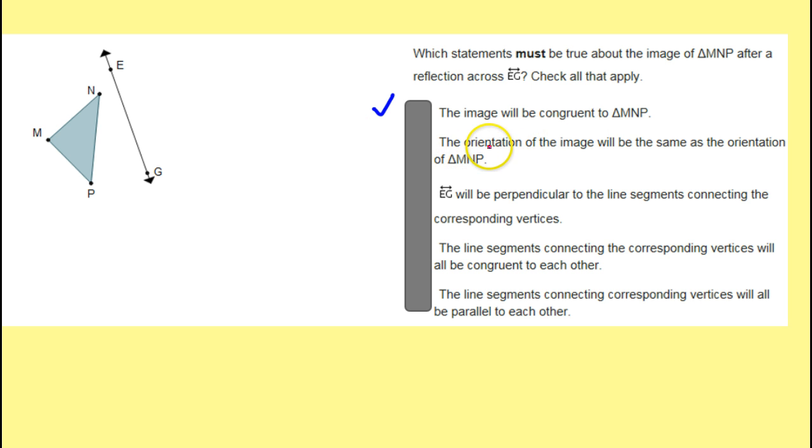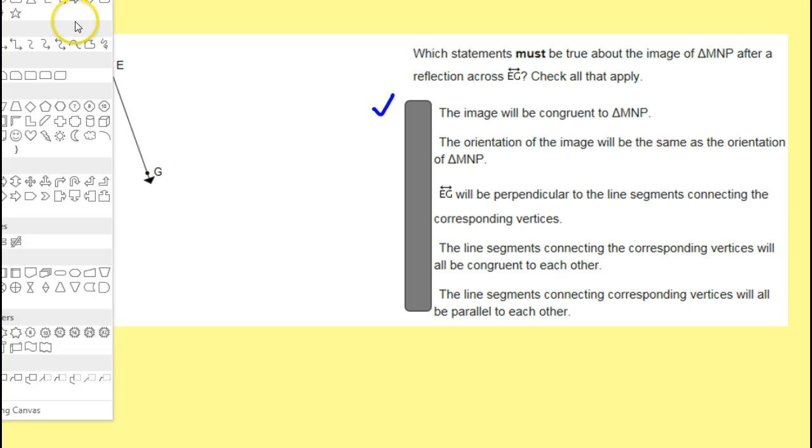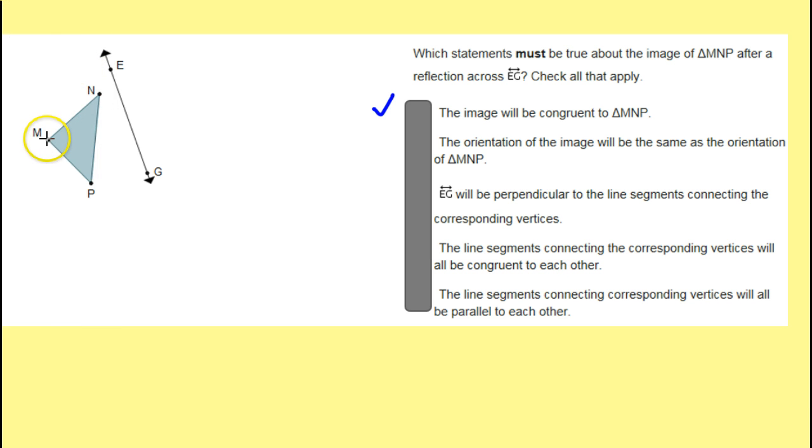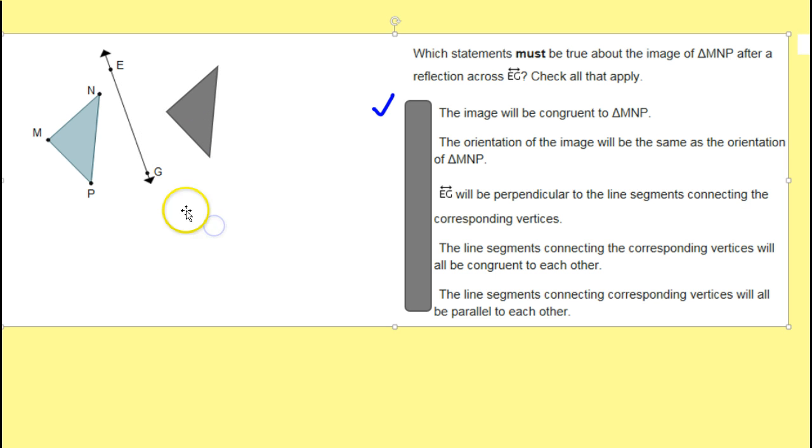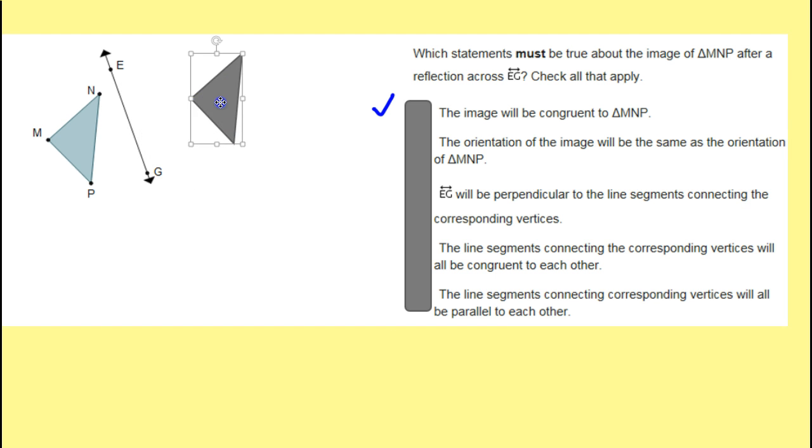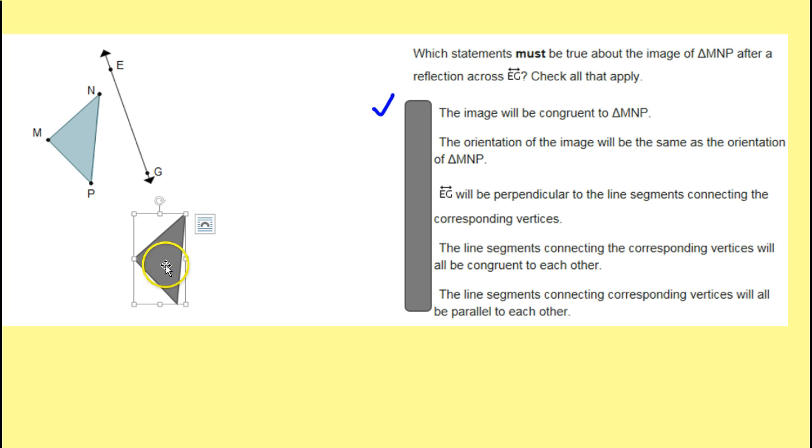The orientation. All right, orientation means how it's facing. I think I can show this to you if I draw a new triangle. If I take this and just slide it over, no matter where I slide it, the orientation remains the same.